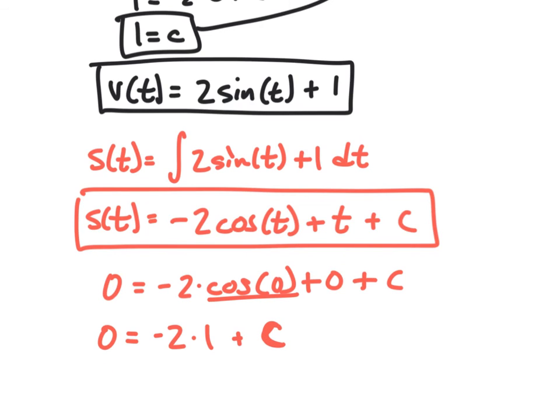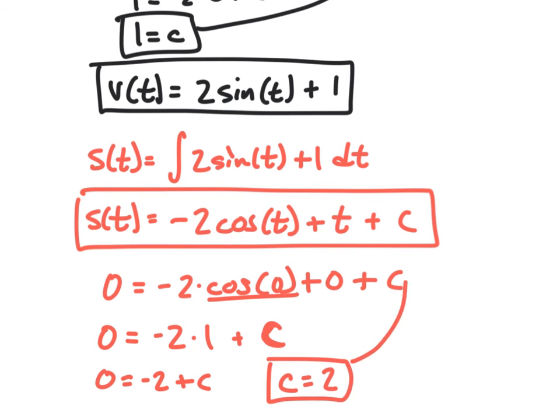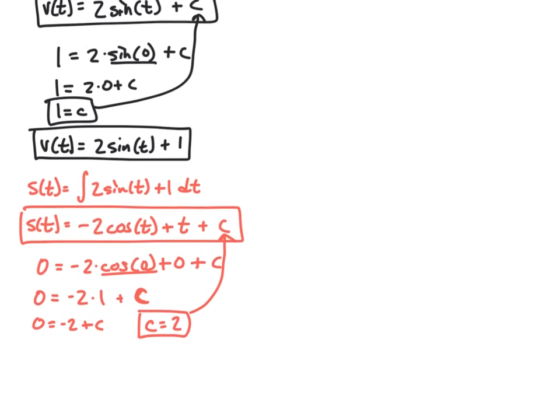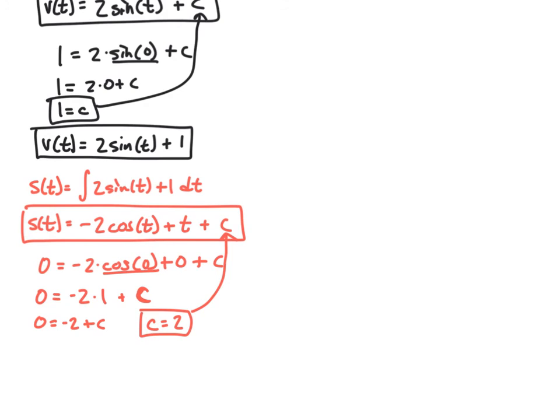So I get that 0 is equal to negative 2 plus c. So then I'm going to add 2 to both sides, and I get that c is equal to positive 2. So I'm going to plug that back into my general solution to get my particular solution. So I get that my function, s of t, is equal to negative 2 cosine of t plus t, and then plus 2.